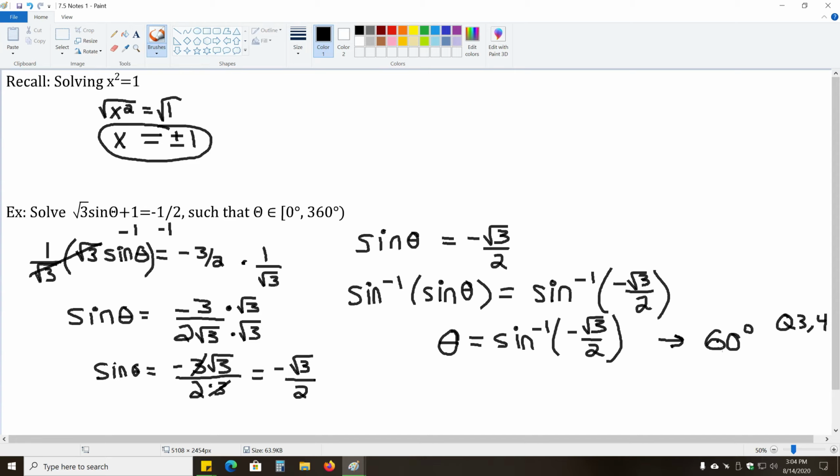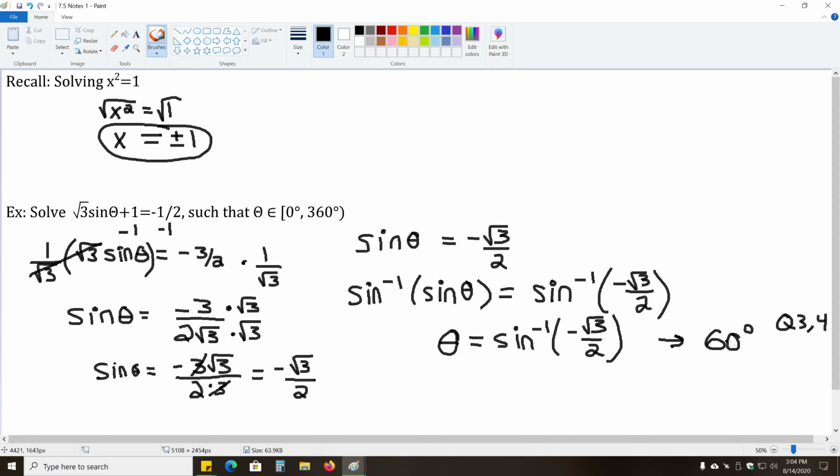So we need to find the reference angles to 60 degrees in quadrants 3 and 4 to find the solutions to this problem, because those will be the only two values between 0 and 360 degrees that solve the original equation, where sine inverse of negative square root 3 over 2 is equal to theta.